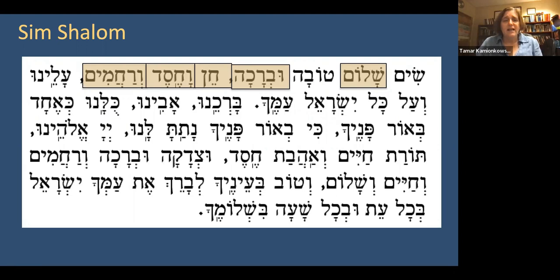All right. And then the last word on this line, again, we're going to ignore the vav, rachamim. Rachamim is usually translated as compassion. And one fun thing about the word rachamim is that it comes from the root, the Hebrew word rechem. So the resh and the chet and the mem are the base of the word here.